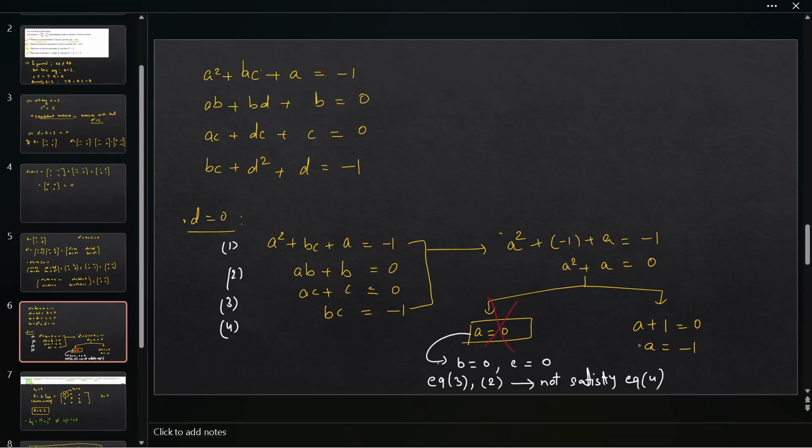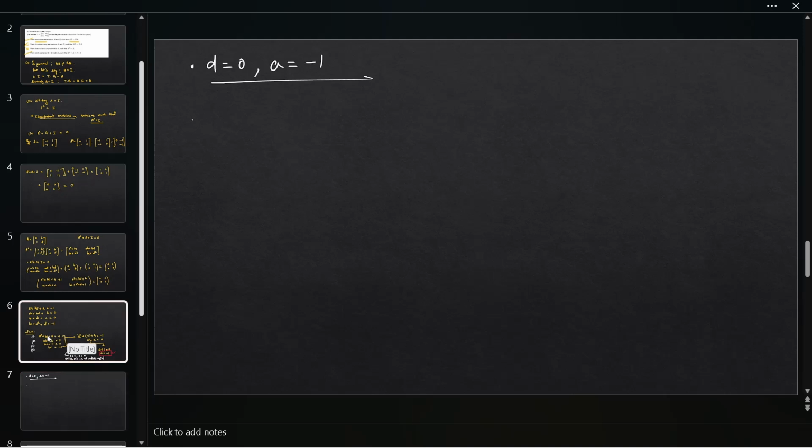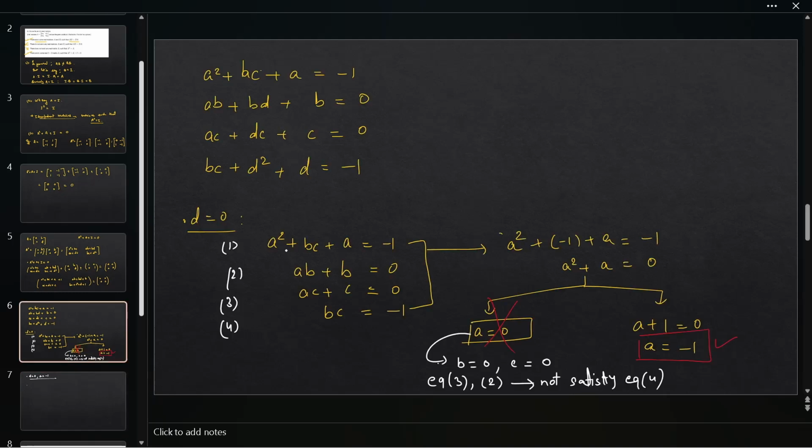So we will continue with A equal to minus 1. Let's see what will happen if we continue with A equal to minus 1. As of now, we know that D equal to 0 and A equal to minus 1. Now we are left with these equations.